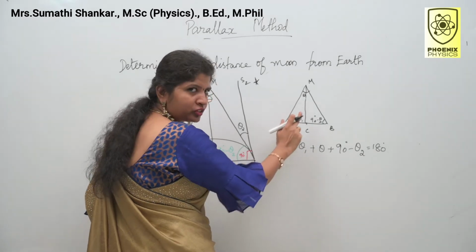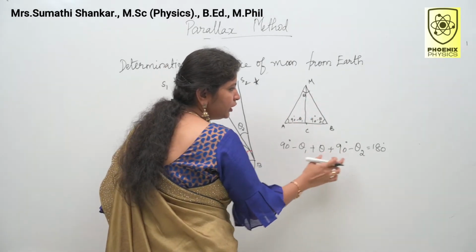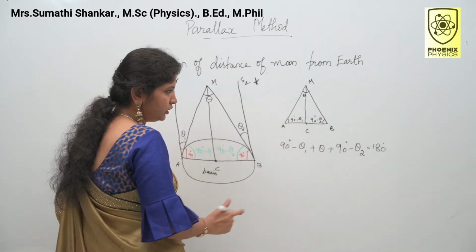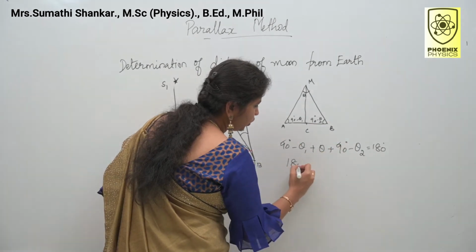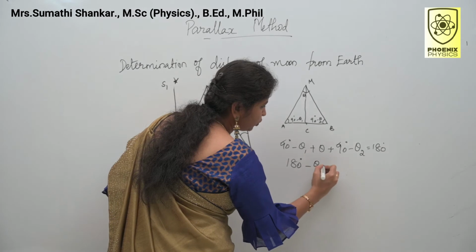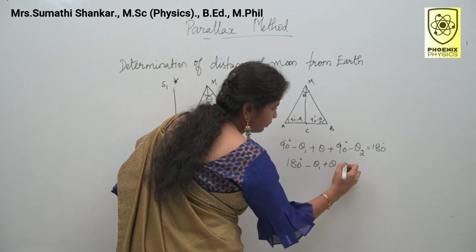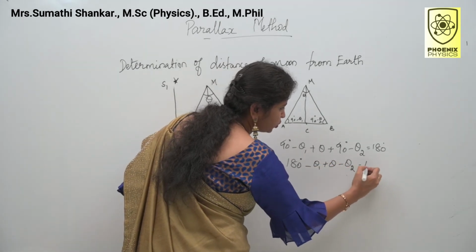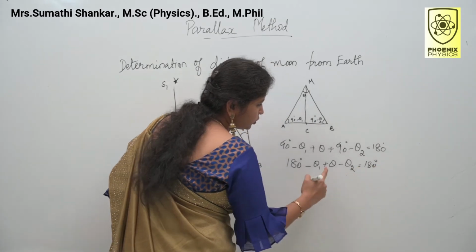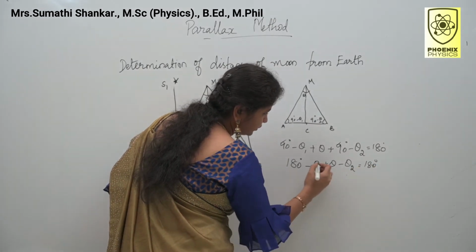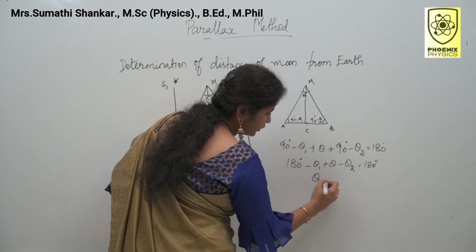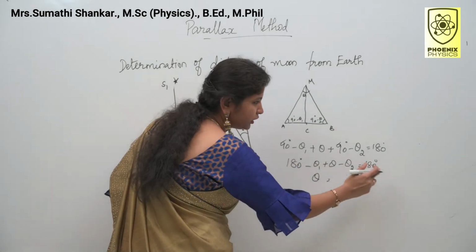I am just adding all the angles, which is equal to 180 degrees. Rewrite the equation: 90 degrees plus 90 degrees, 180 degrees, minus theta 1 plus theta minus theta 2 is equal to 180 degrees. So keep the plus part here, that is theta, and bring all the terms to the right hand side.